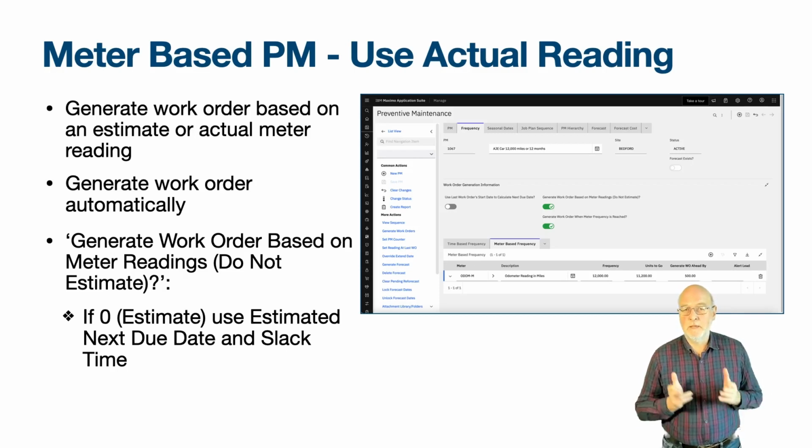The slack time is the field called generate work orders due today plus this number of days in the generate work orders dialog. When not set, Maximo is using the estimated next due date, a field that is an estimate of when the units to go will become 0, using the average units per day of the meter.